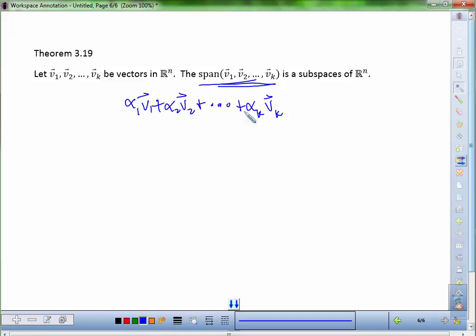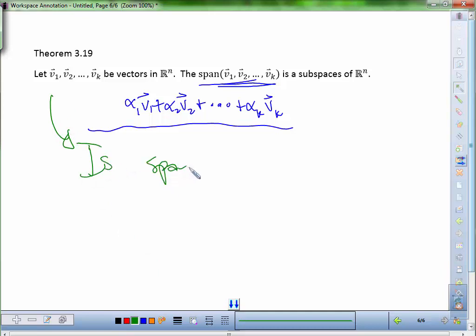Now the question here I would have, and this is something I referred to earlier already, is: the span of these vectors, is this a k-dimensional subspace? What would you say?